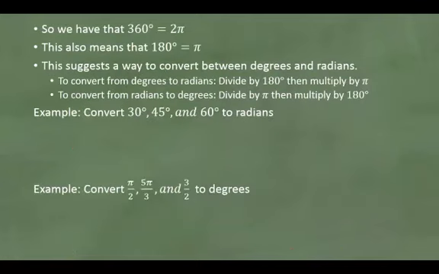So what we found is that all the way around a circle is equal to 2 pi, which means that 2 pi is the equivalent of 360 degrees. And taking half of that, that also means that pi is equal to 180 degrees. Remember, pi is just a number, it's about 3.141, etc.